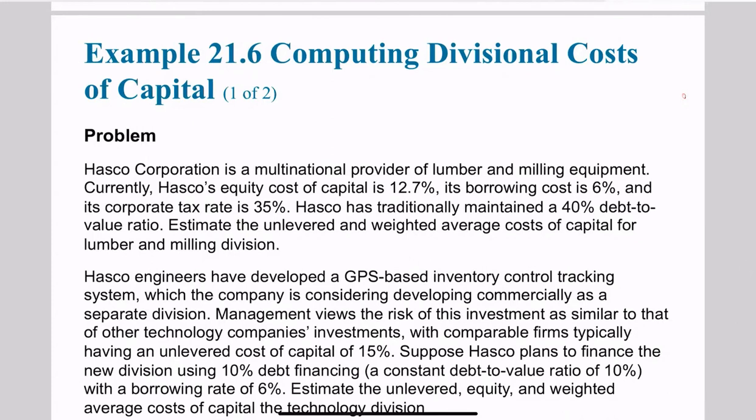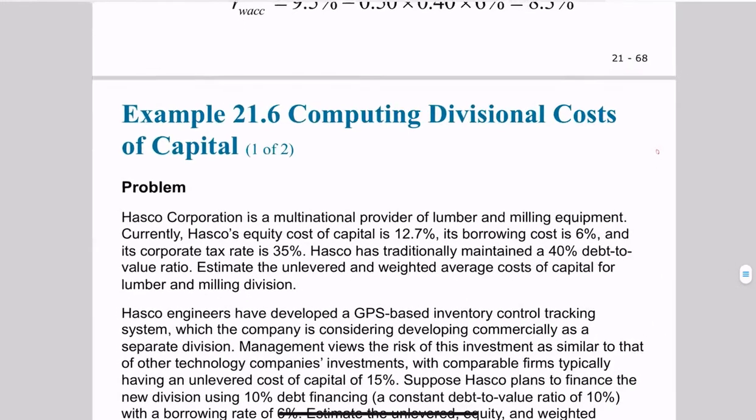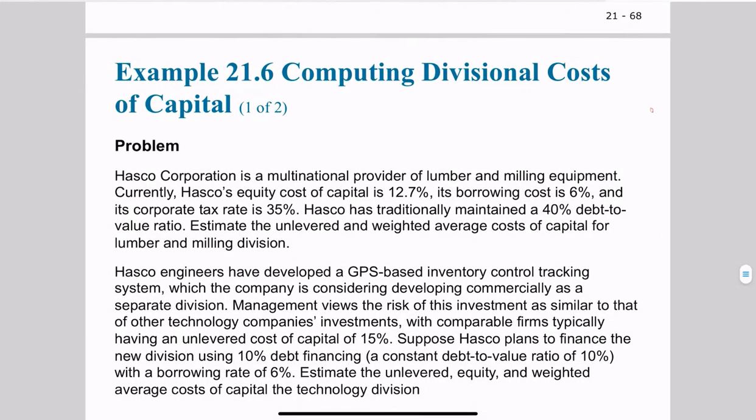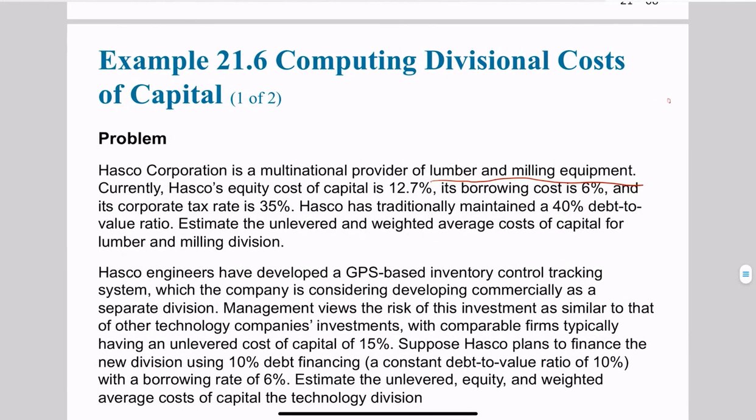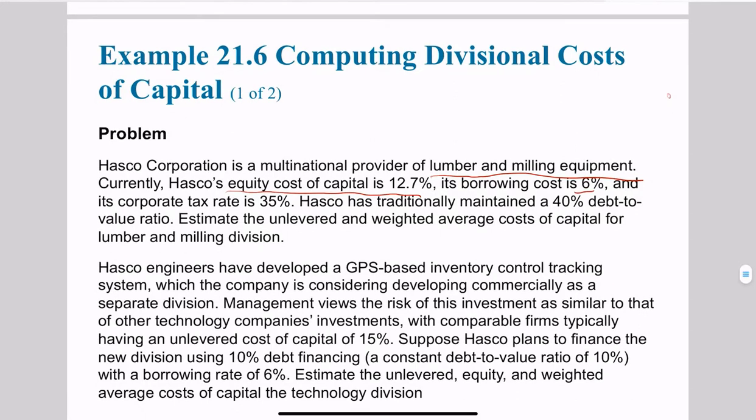Okay, now let's look at this example here. Haskell Corp is a provider of lumber and milling equipment, and its equity cost of capital is 12.7%, and its borrowing cost is 6%, tax rate 35%, debt value ratio 40%. Estimate the unlevered cost of capital and WACC of the lumber and milling division.